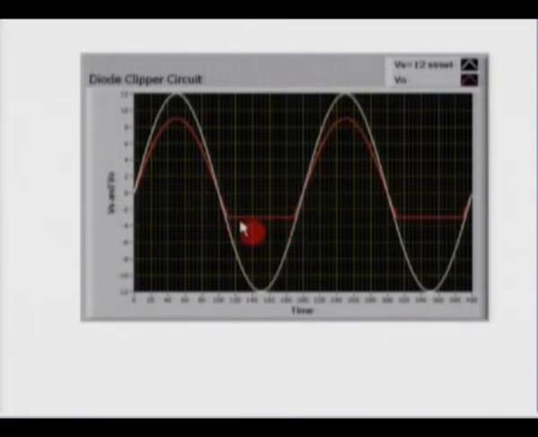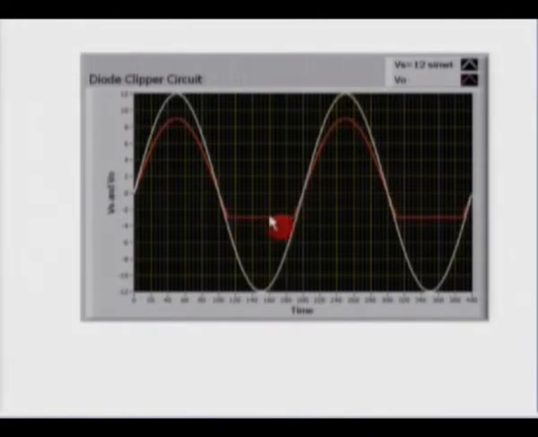You see here that the output voltage is clipped, and you have a flat line. If you perform this experiment in the lab, you would never get such a flat line.